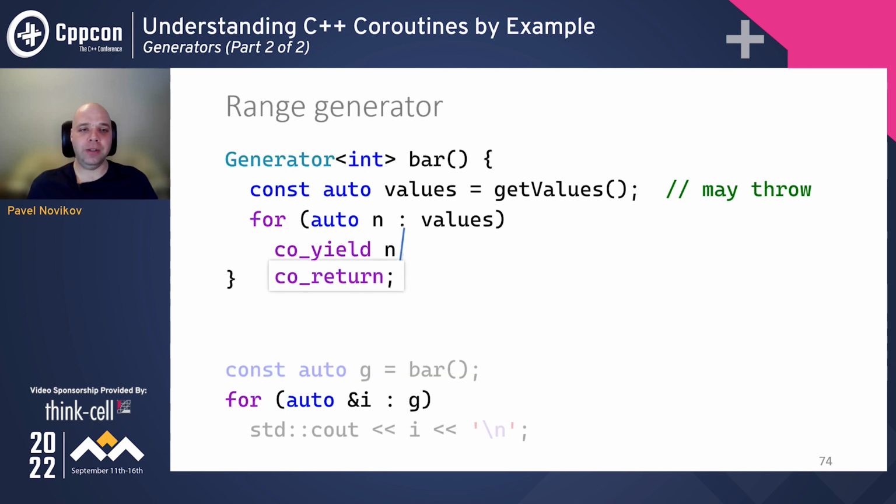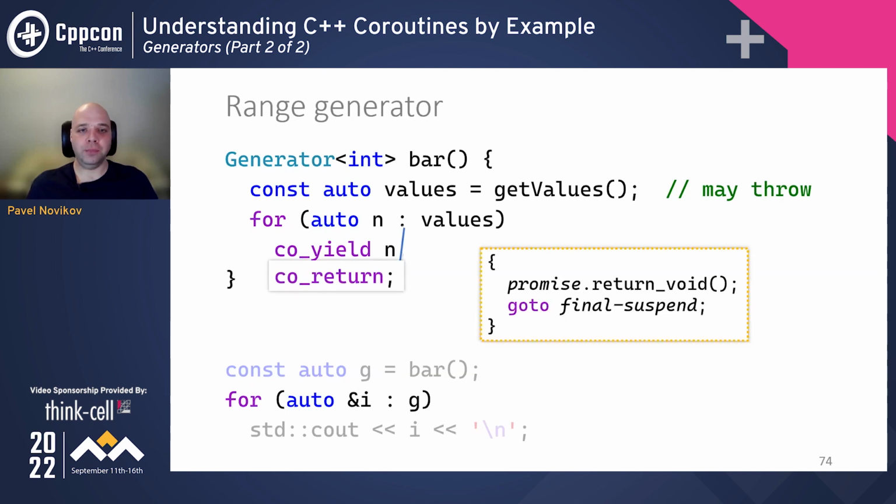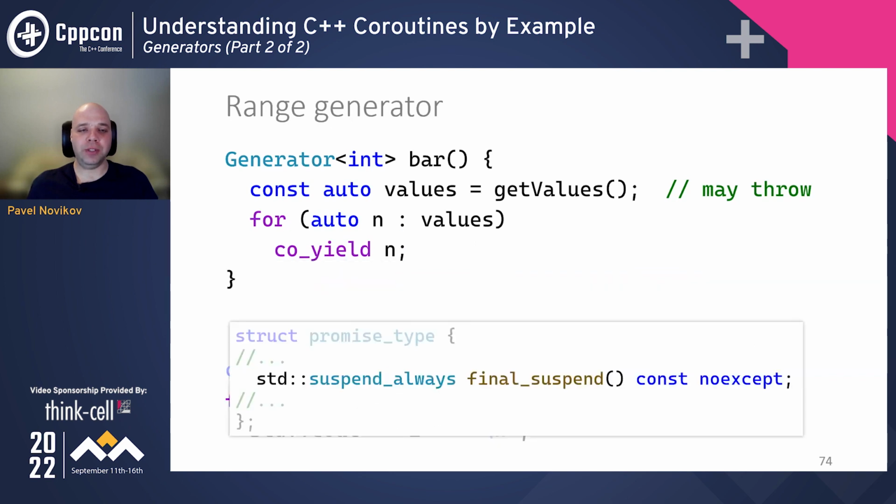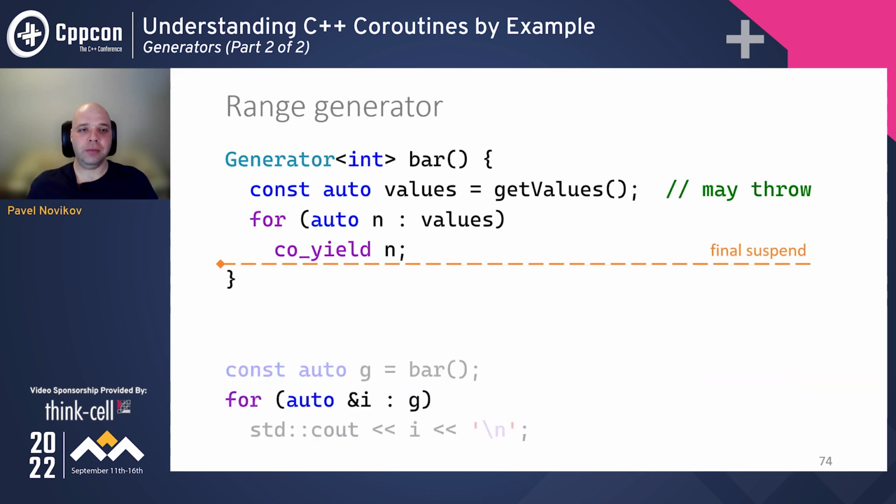We implicitly execute co_return void, which kind of does nothing. We go to final suspend. Final suspend tells us to suspend the coroutine. And after suspending the coroutine, the control returns back to outside code, and we exit this outside loop. This is kind of the mental model that you can have to reason about this example.